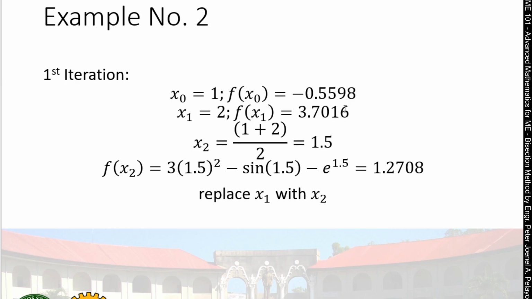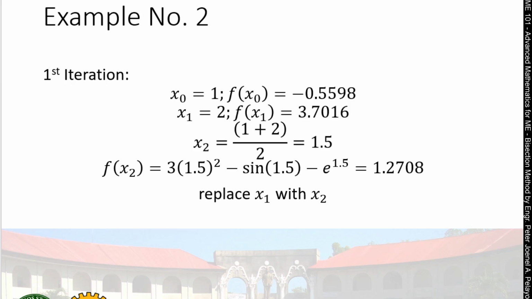And then x1 is 2, ang f of x1 is 3.706. Nakuha na natin siya kanina. And then get the midpoint: 1 plus 2 over 2 is 1.5. Itong 1.5 yun yung substitute natin sa f of x2. So, 3 times 1.5 squared minus sine 1.5 minus e raised to 1.5 is 1.2708.